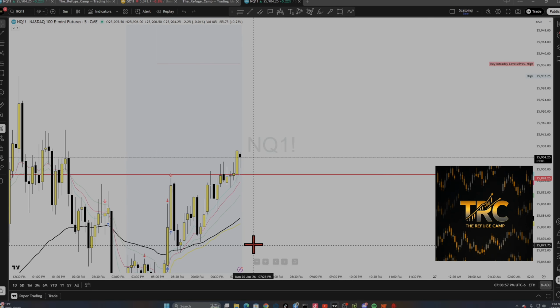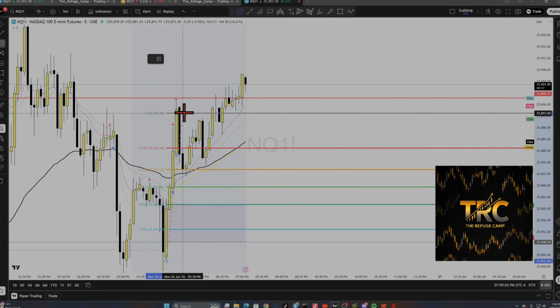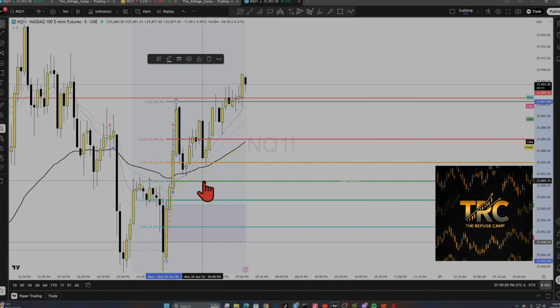If you're talking about a flag in terms of scalping, this is your pull. Price never came to the 50%. It was defended heavily by VWAP and the 50-day. So you got close enough to call it good.